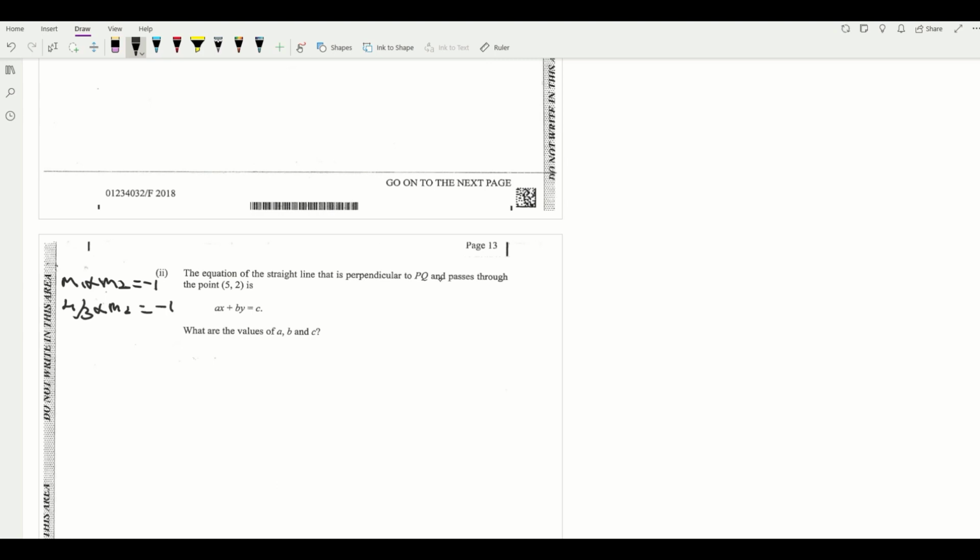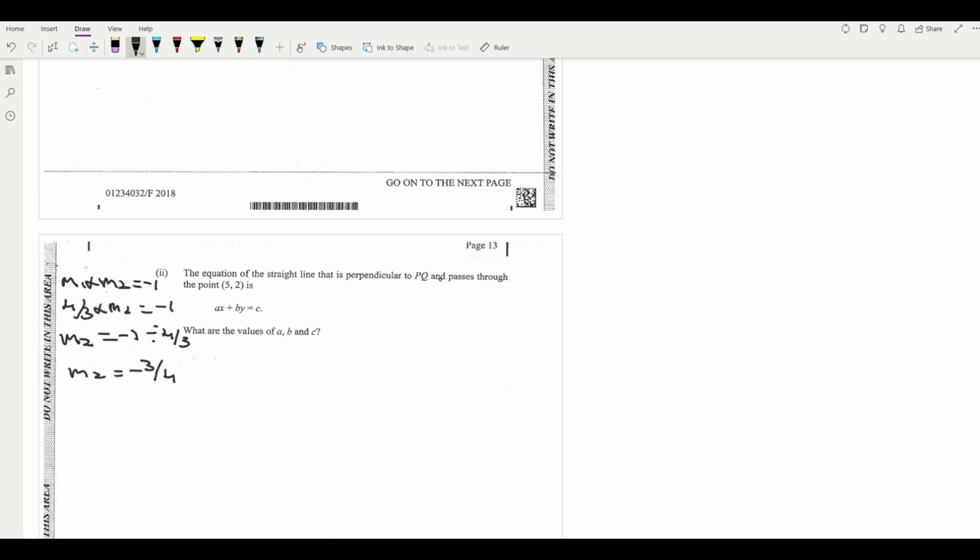So again, m2, the gradient of the perpendicular line, is equal to negative 1 divided by 4 over 3. So m2 would be equal to negative 3 over 4.